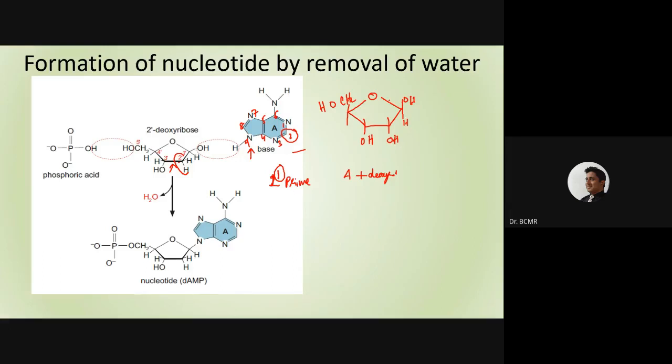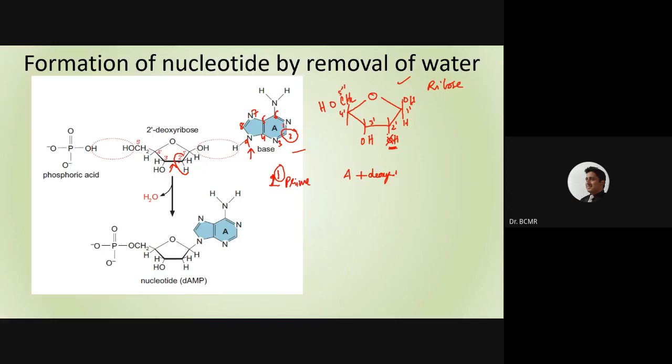Now, the structure that I have written here is ribose. Ribose is a pentose. And what you have here is 1 prime, I have to call it, 2 prime, 3 prime, 4 prime, and this is the 5 prime. So deoxyribose is, in this case, the 2 prime O is removed.